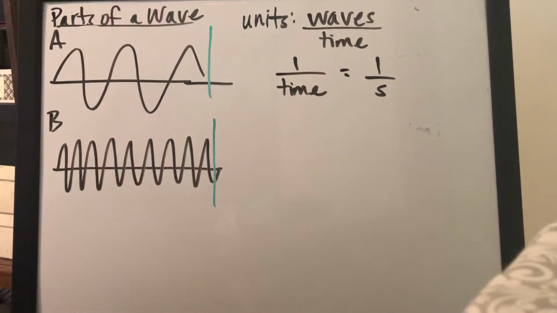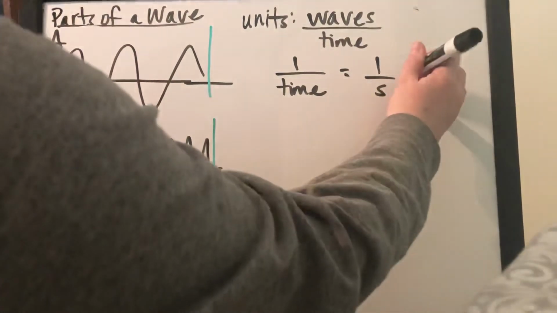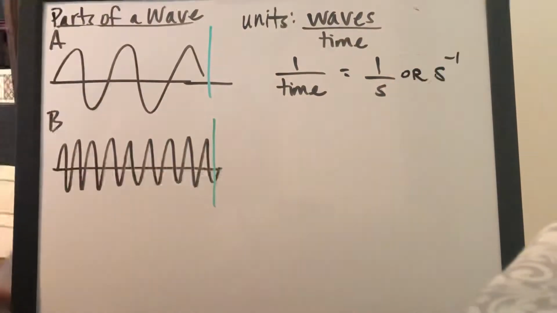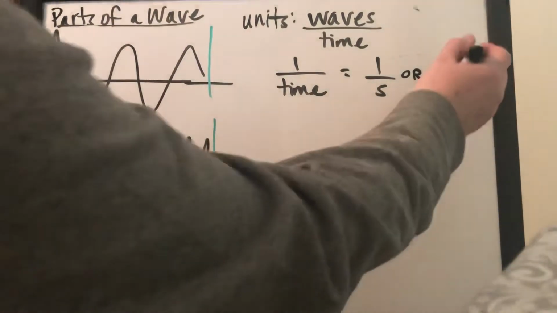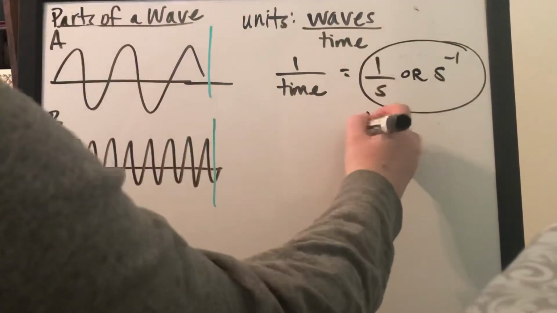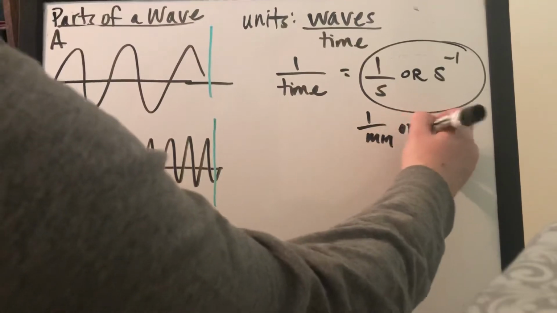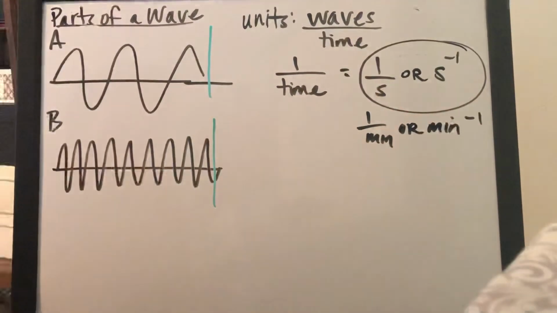Another way to write that is seconds to the -1, by bringing that exponent up from the denominator of the fraction. So the units of frequency are a little weird. They're not seconds, it's 1 over seconds, or seconds to the -1. It could also be 1 over minutes or minutes to the -1, which are also acceptable units for frequency.